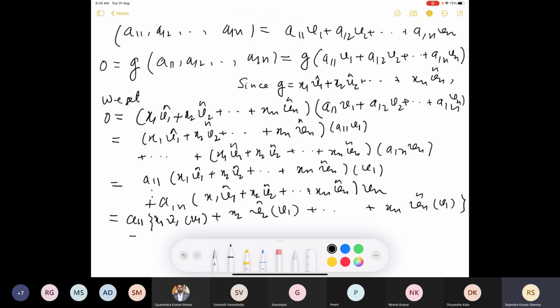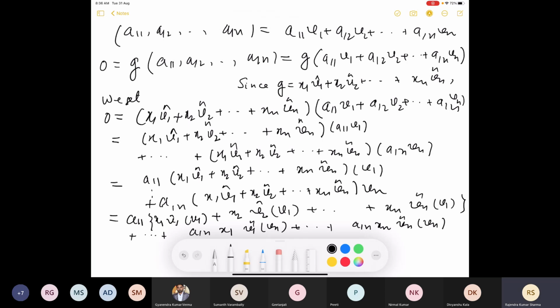So here a1n, and this is x1, and this is your v1 hat applied on vn, and like that. The last one will be a1n xn vn hat applied on vn.